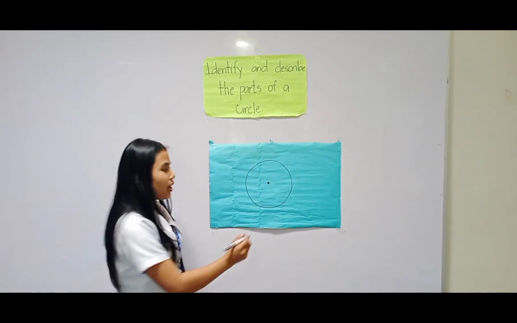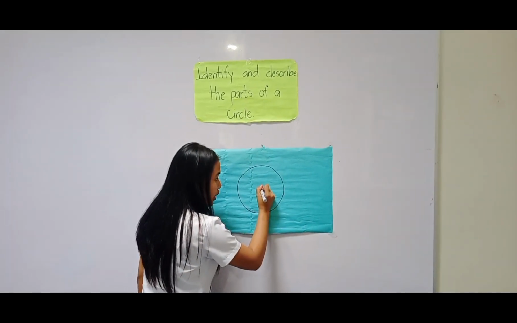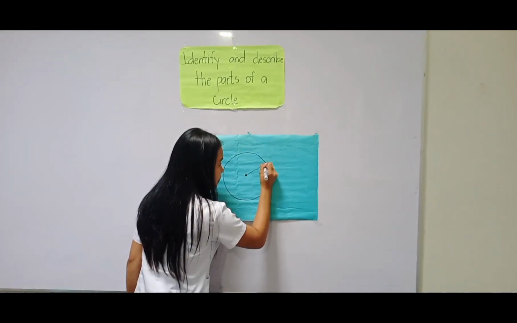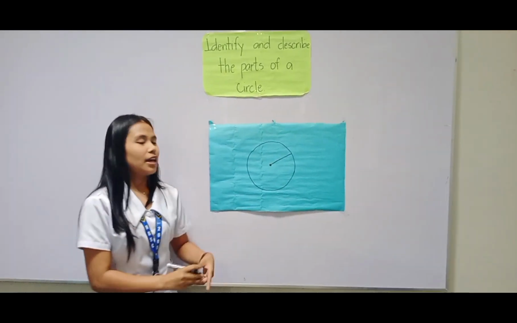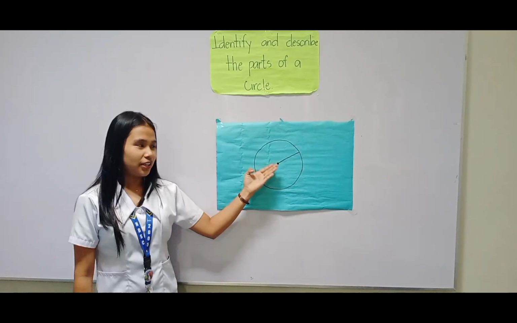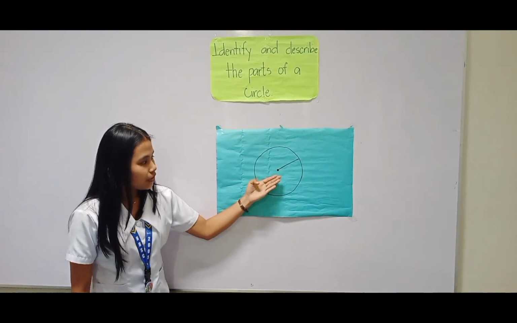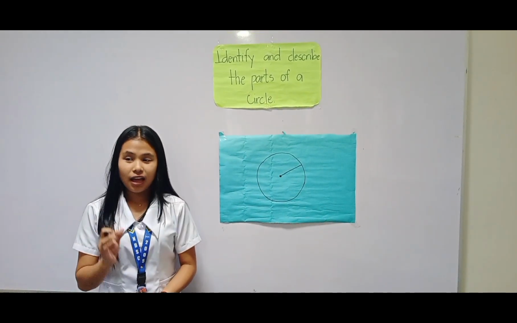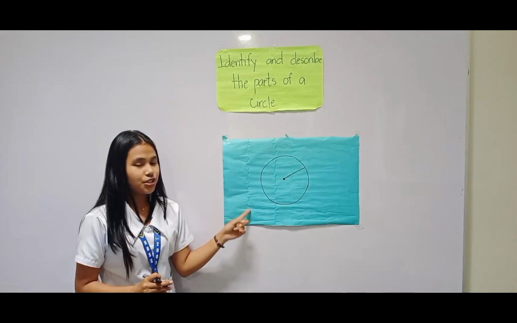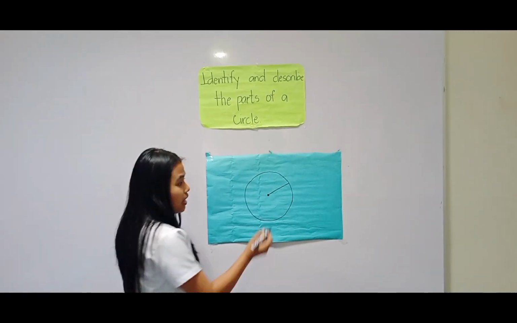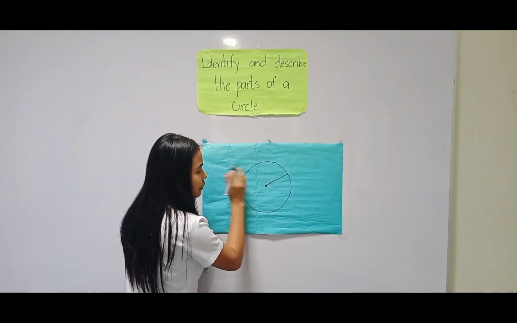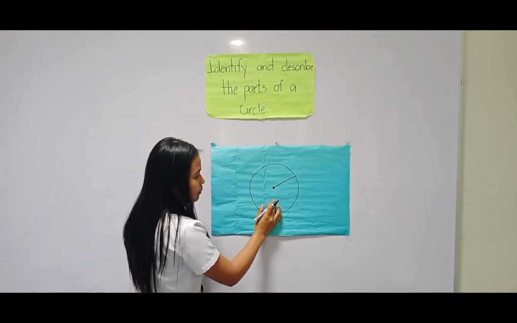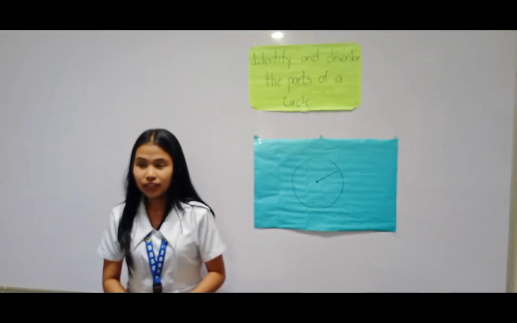Now, if I draw a line from the point to the other side of a circle, this is what we call a radius. The radius is a length of a circle. If I draw a line from different parts of a circle, they have equal length.